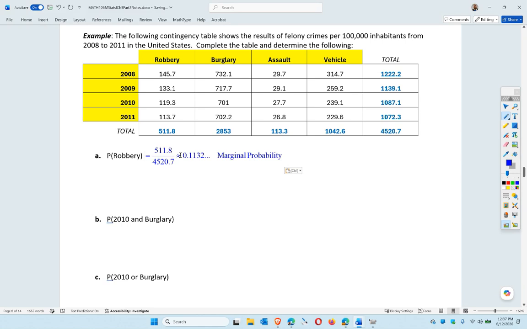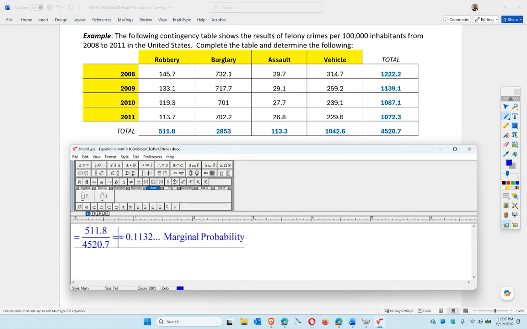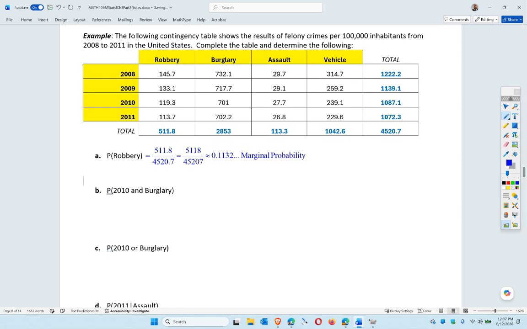And you can swing the decimal over if you want to. So you could do this. You could copy, paste, and just move it one decimal place over. That's still fine, and it'll still equal this. The problem is it goes on forever because it's irrational, right? So my suggestion is to give both, because obviously there's some rounding involved, and you have to decide how much you want to round, and why you want to round, and all that kind of stuff, basically.